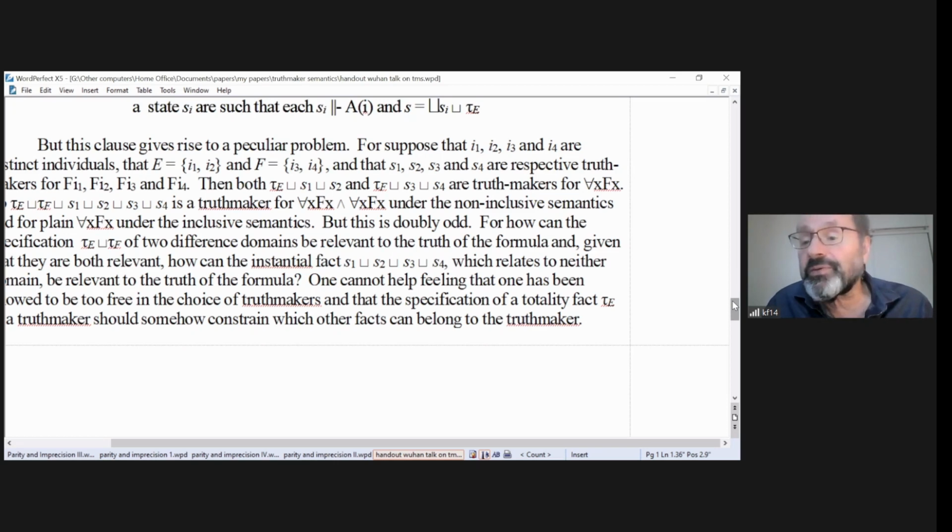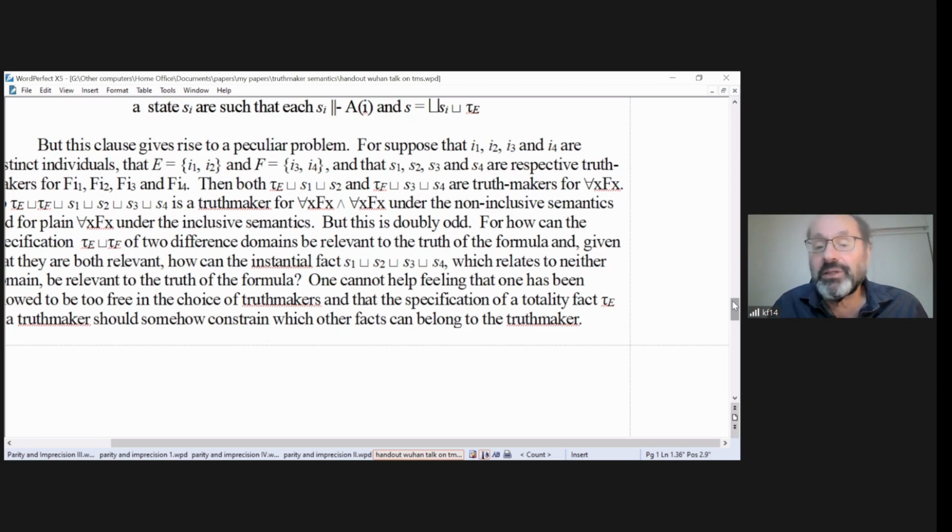Now, let's look at the clause for the conjunction. The clause for the conjunction says the fusion of truth makers for for all x, Fx and for all x, Fx will also be a truth maker if it exists. If it exists. If the two truth makers for for all x, Fx involve distinct totality facts, that fusion will not exist.